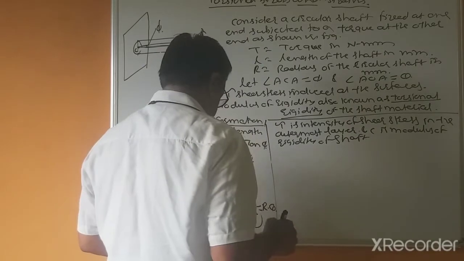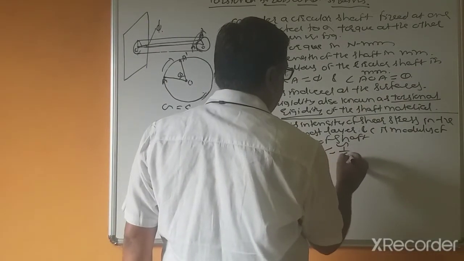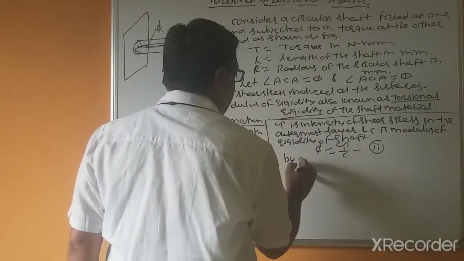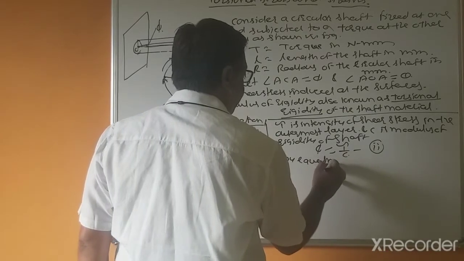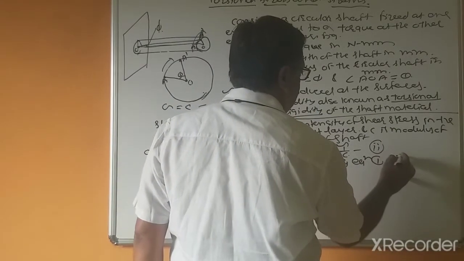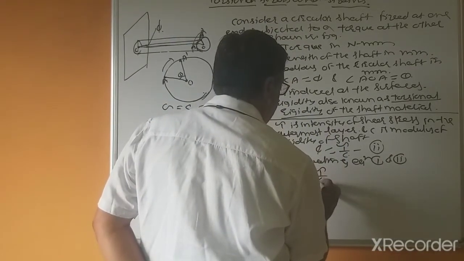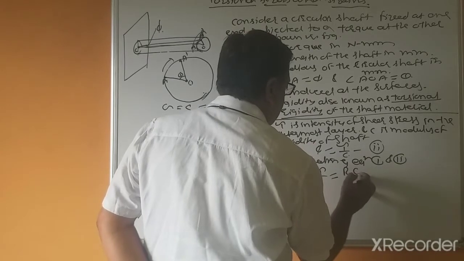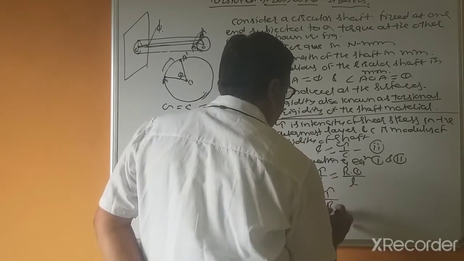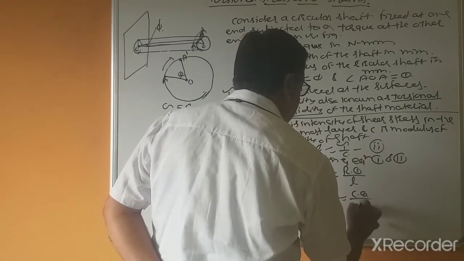So that's why phi equals tau divided by C. This is the second equation. Now by equating equation 1 and 2, you will get the relation tau divided by C equals R theta divided by L, or tau divided by R equals C theta divided by L.